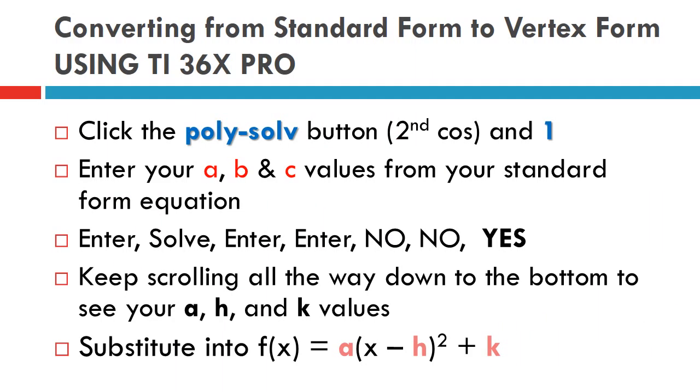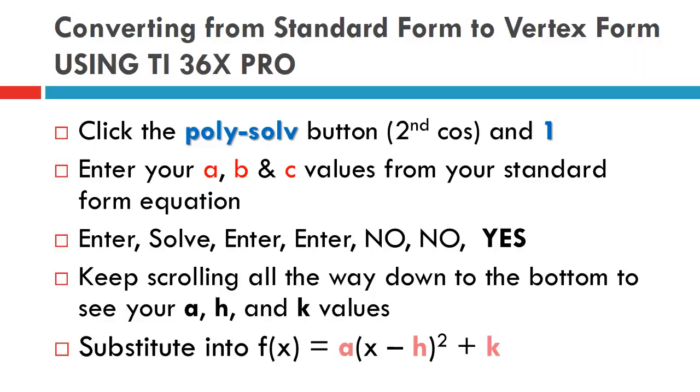All right, now this is a method that we're probably going to use the most, converting from standard to vertex. In your calculator, if you go to polysolve, which we've done before, which is second cosine, and go to option 1, you're going to enter the a, b, and c values as we've done before from your standard form equation.